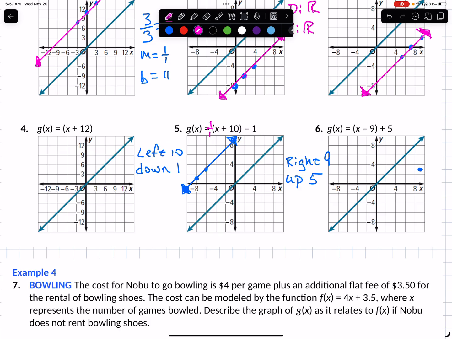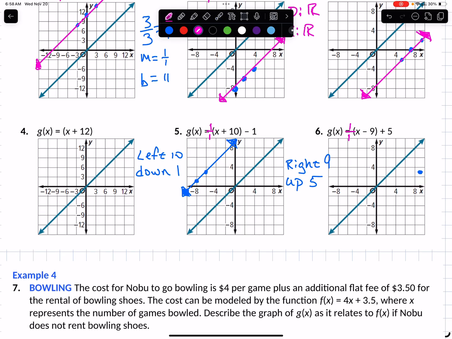Remember, our slope is still 1 over 1. If I go up 1 unit and right 1 unit, I'm off the graph. So instead, I'm going to count down 1 unit and left 1 unit. If I go a negative direction both times, it's a negative over a negative, which is a positive. So we're going to go down 1 unit and to the right 1 unit. So I'm going to have my dots in the middle of all these squares, right?